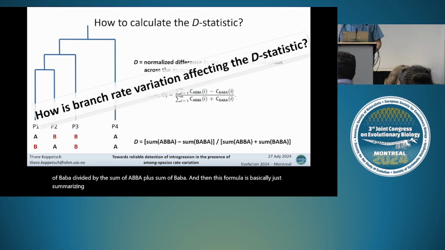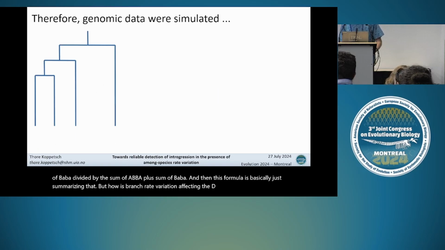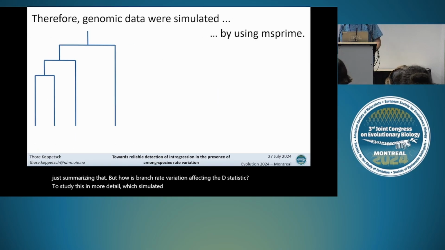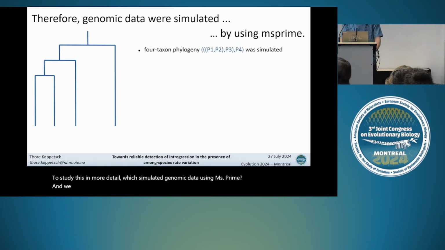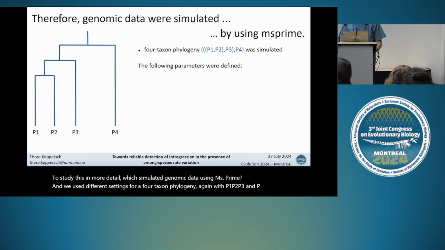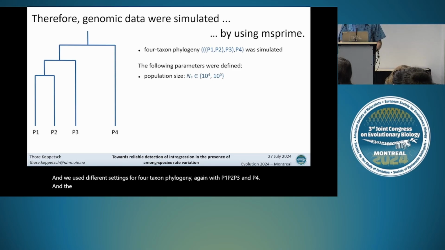But how is branch rate variation affecting the D-statistic? To study this in more detail, we simulated genomic data using msprime, and we used different settings for a 4-taxon phylogeny, again with P1, P2, P3, and P4, and the following parameters were defined.